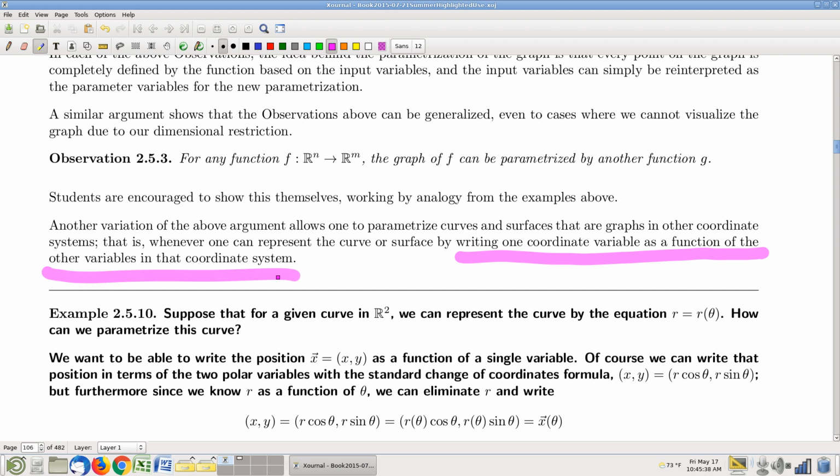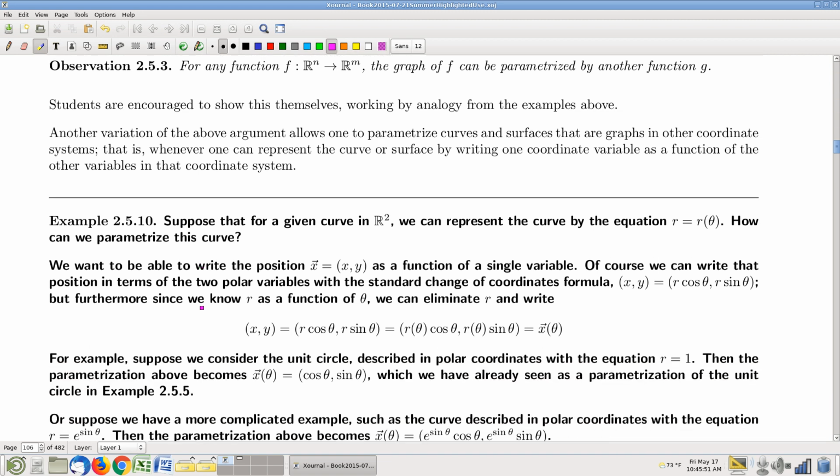If you can do that, if you can write one of the coordinates in terms of the others, then this trick is going to work with a little bit of a variation. For example, suppose I know r is a function of theta, right? And so a circle has r as a function of theta because r equals 1, or constant, right?